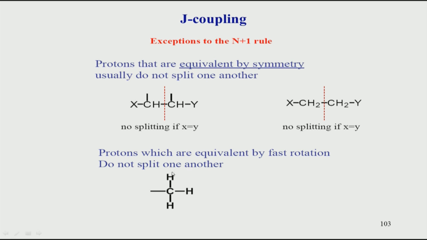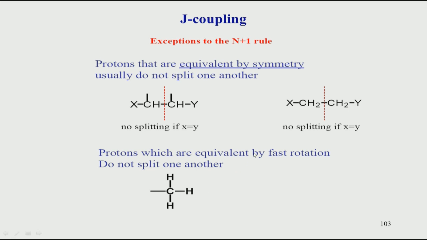What is shown here is the methyl group. If you see in a methyl group, the hydrogens are chemically equivalent because of fast rotation, and because they are chemically equivalent, these hydrogens do not split each other. But remember that it is not that there is no coupling between these two; there is a coupling, but we cannot see it in the NMR spectrum.